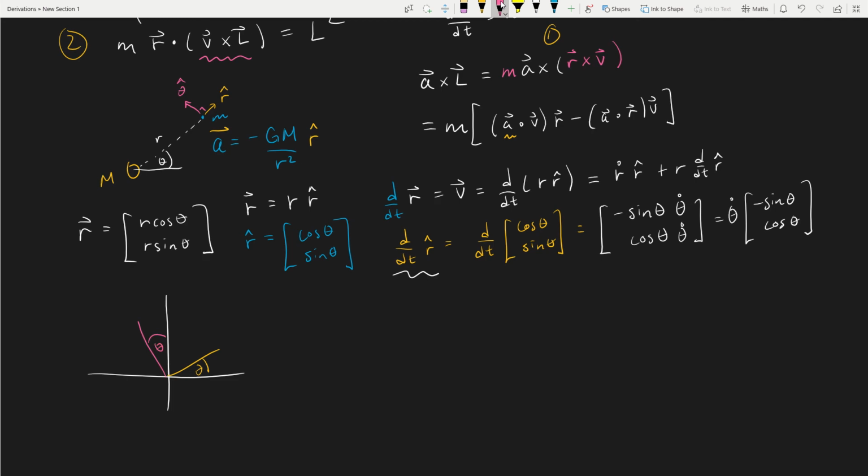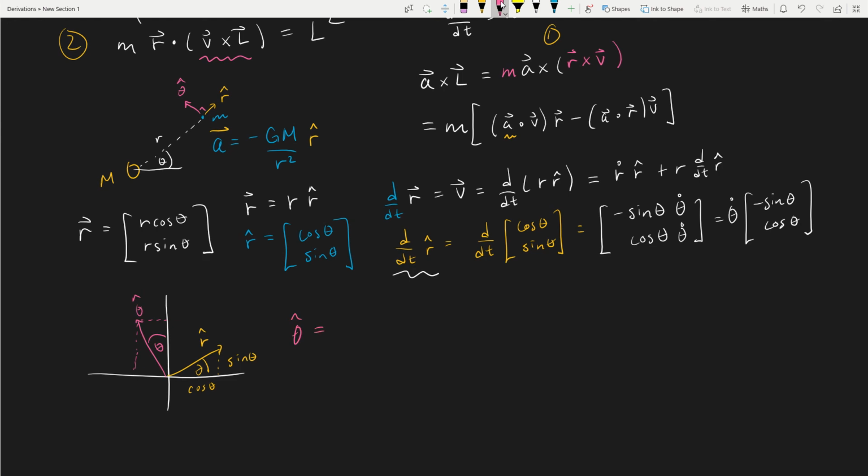Okay, so I told you r hat was (cosine theta, sine theta). Now we can ask the same questions about this. So this vector here was r hat, and this vector is theta hat. So in terms of the Cartesian coordinates, what's theta hat?